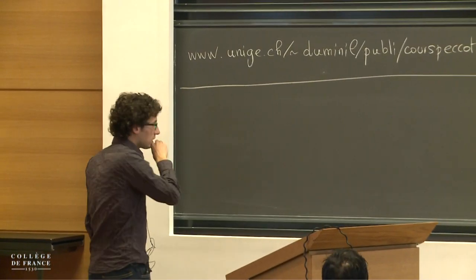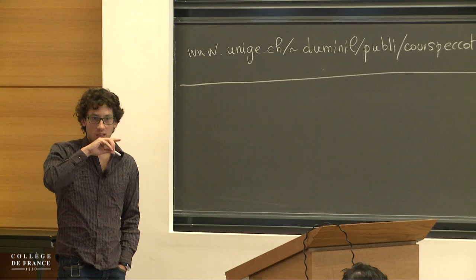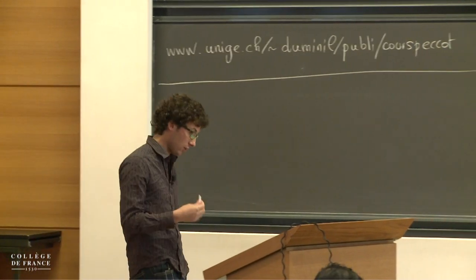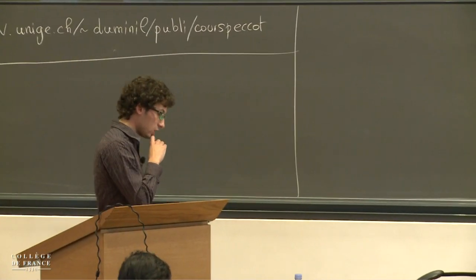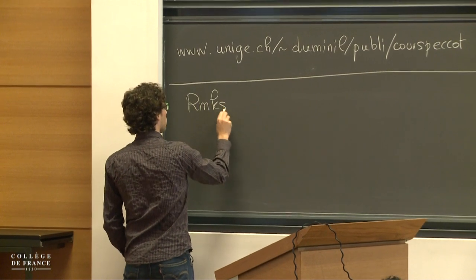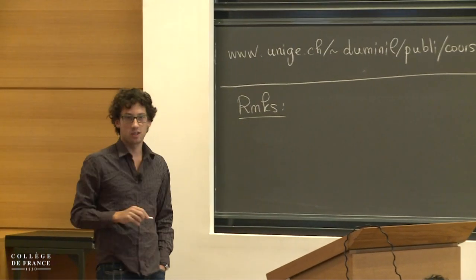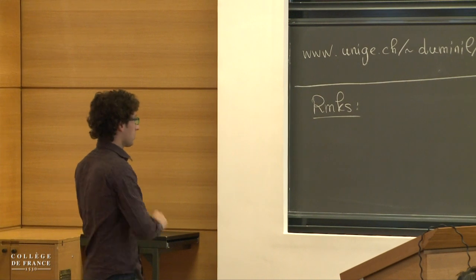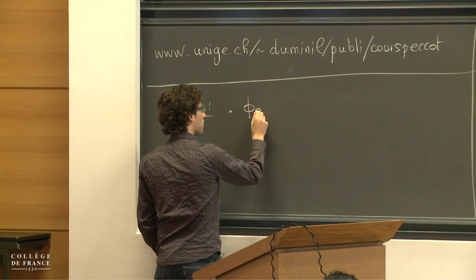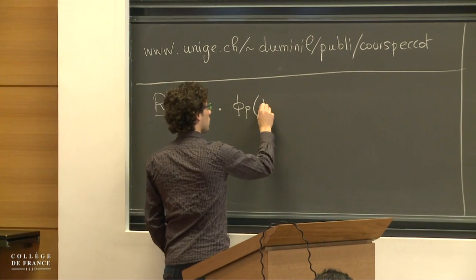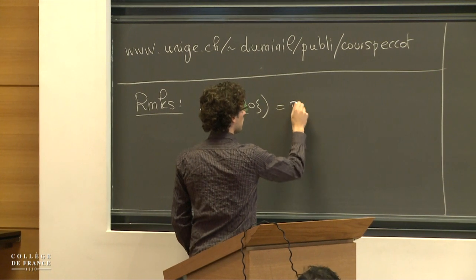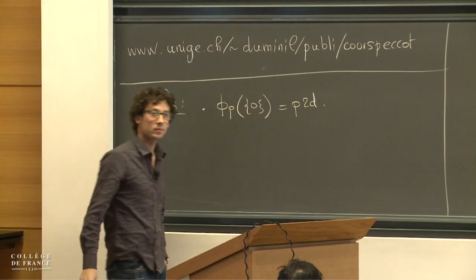First thing, for those that were there last week, I finished the proof of the exponential decay for Bernoulli percolation. I just want to do 2 remarks. So this will make absolutely no sense to people that were not there last week. But it's really just 2 remarks. So the first one is, as I said, phi p of the singleton 0 is p times 2d.